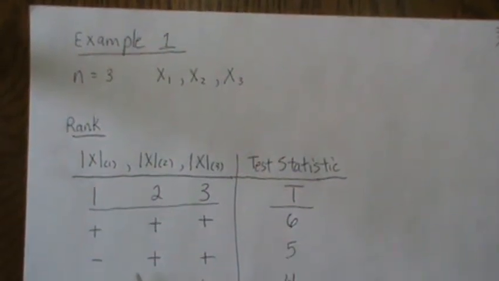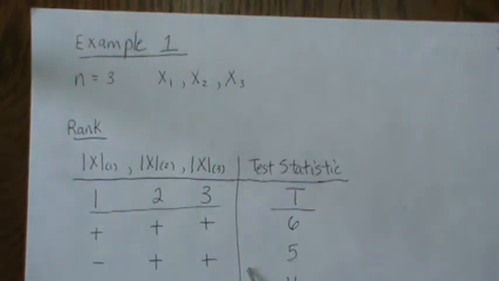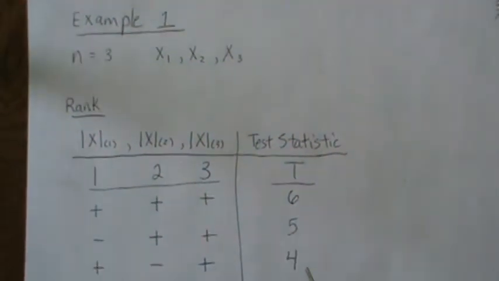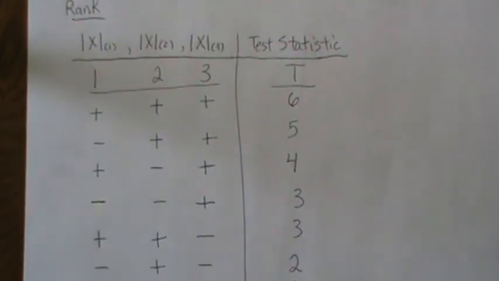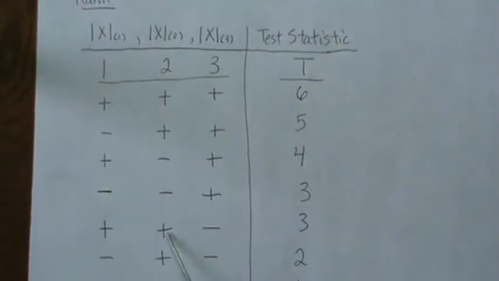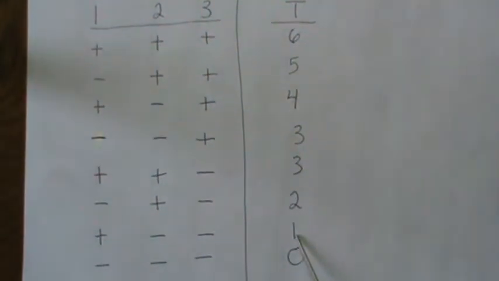Well, we have to consider that maybe this one was negative and these were positive. So then our test statistic would be 5, 2 plus 3. Well, we have to do that for every possibility. And under every possibility, we get a test statistic. Okay, so here's the 8 possibilities.